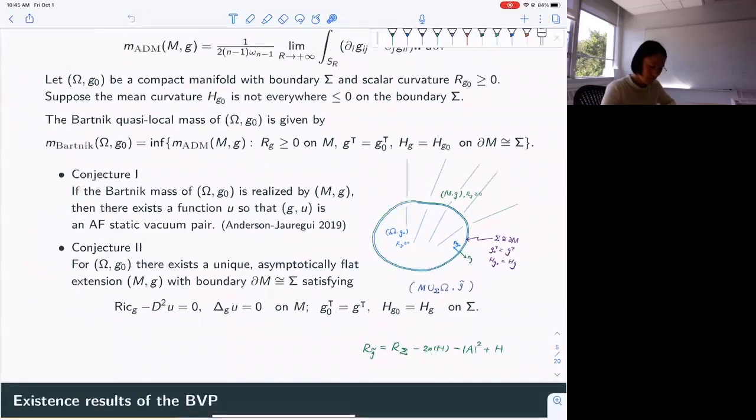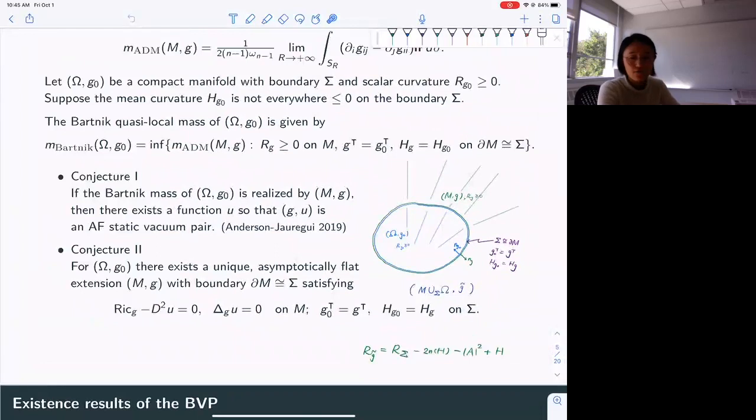So here we have two conjectures for the Bartnik quasi-local mass. The first conjecture says that if the Bartnik mass of some compact manifold is realized by an extension (M, g), then this g must be static vacuum, in the sense that there exists a potential function u so that (g, u) is an asymptotically flat static vacuum pair.